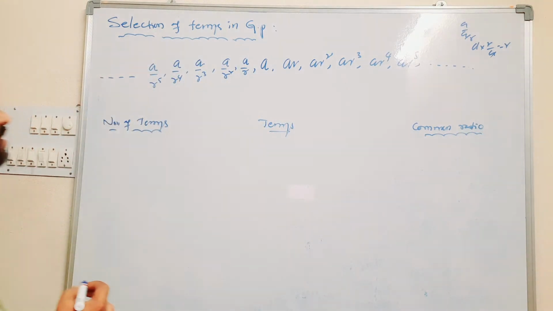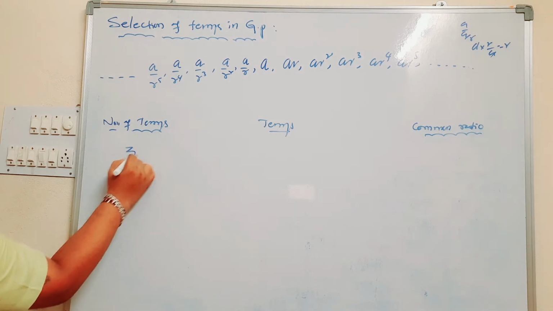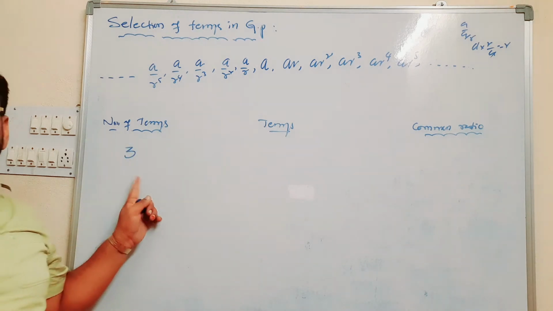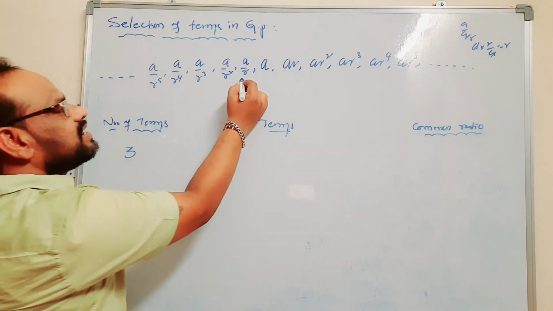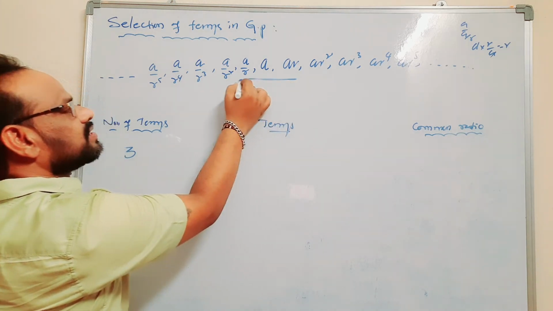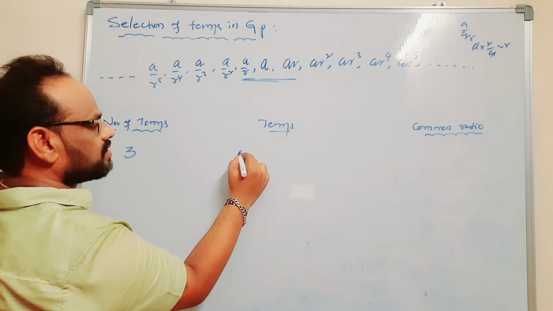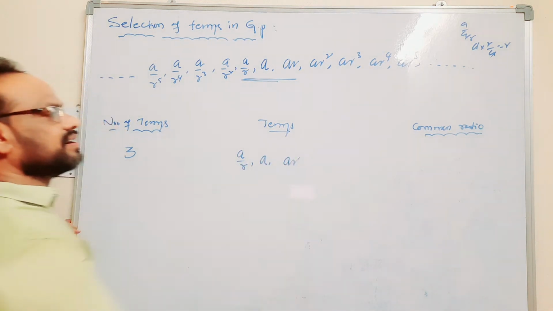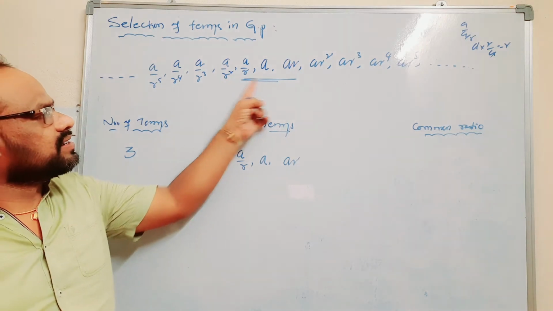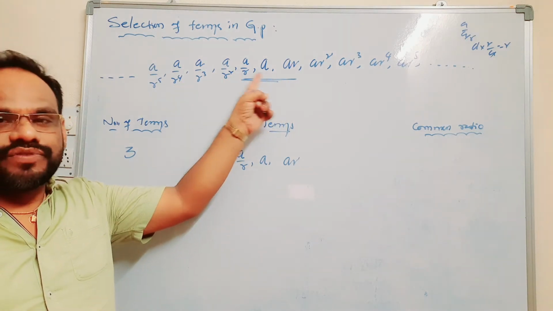If you want the number of terms as 3, select these three terms: A by R, A, and AR. Clearly these are terms of the general form of geometric progression.